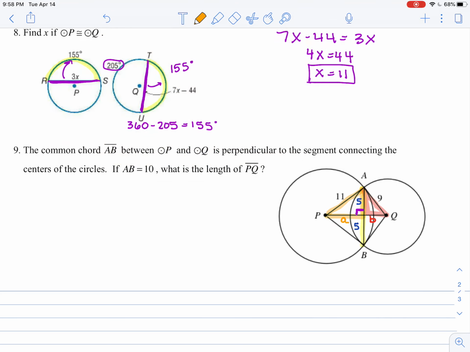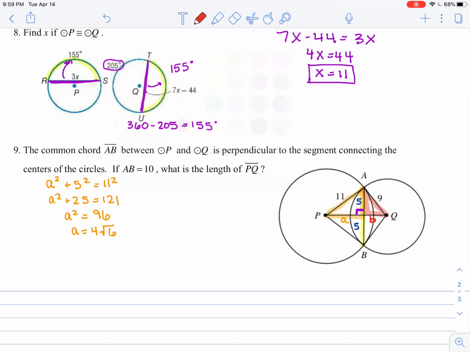In the triangle on the left side, using the Pythagorean theorem, our equation would say a squared plus 5 squared equals 11 squared. So a squared plus 25 equals 121, which makes a squared 96. When you square root both sides, a should be 4 root 6.